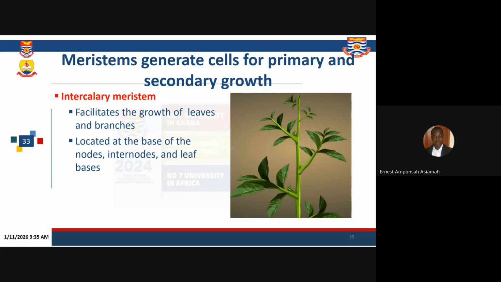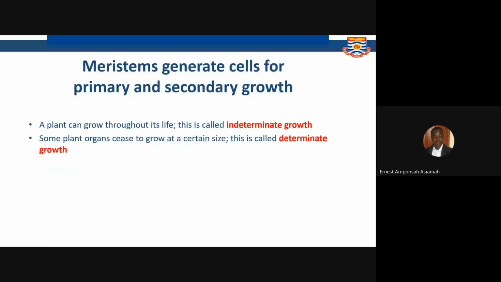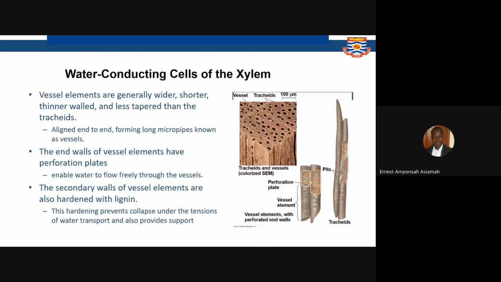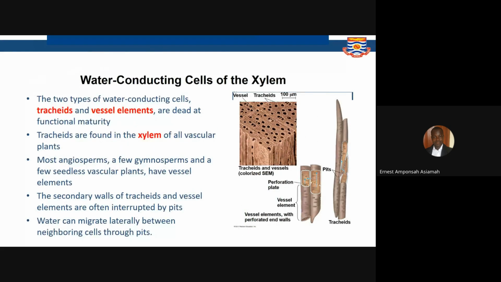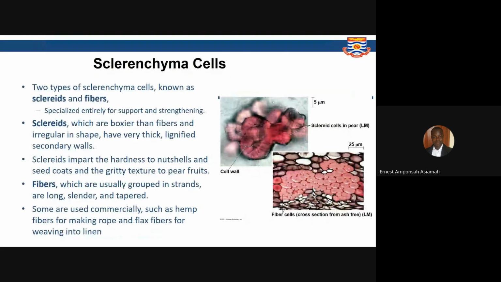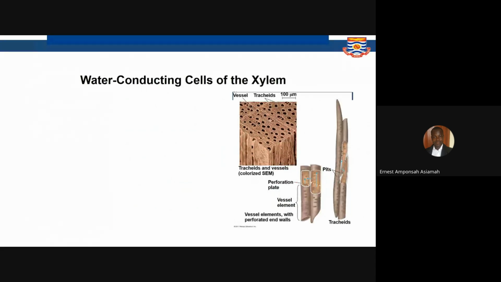Then I mentioned the different types of sclerenchyma cells: the sclereids and the fibers. Then I went on to talk about the water conducting cells of the xylem.